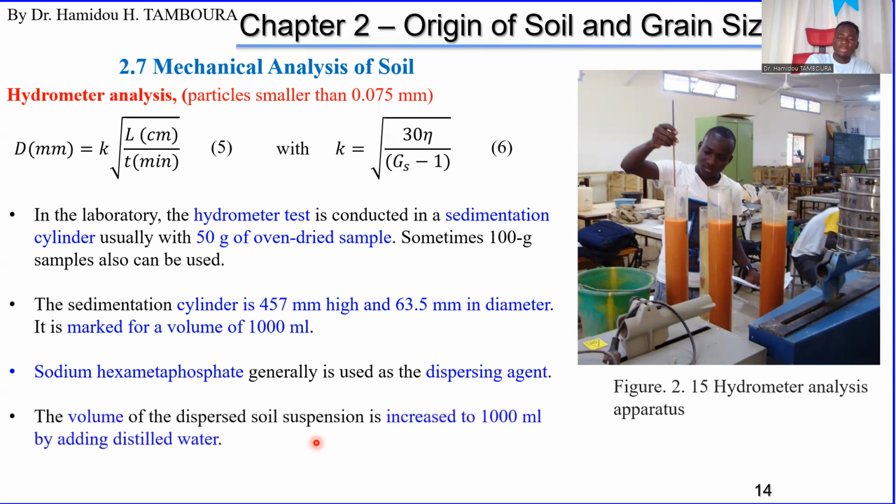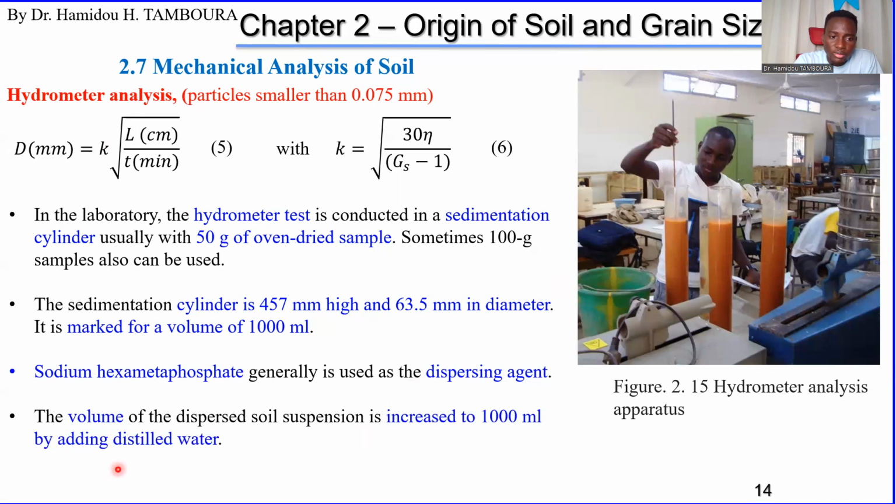After mixing the soil with the water, because the volume of this cylinder is 1 liter, we should complete the volume of our extract, the mixture of soil and water.